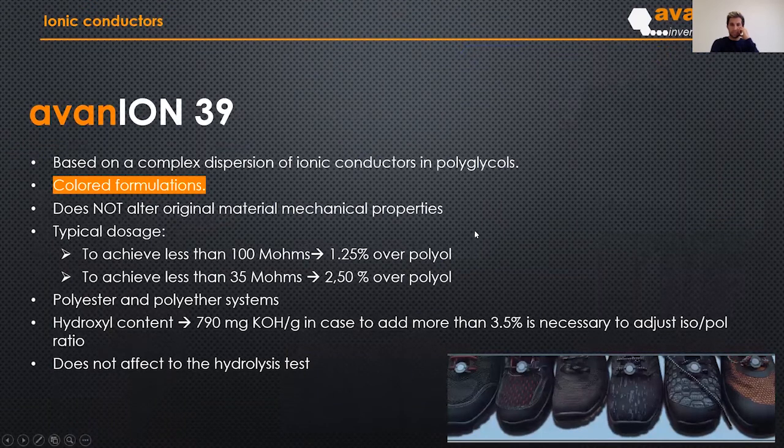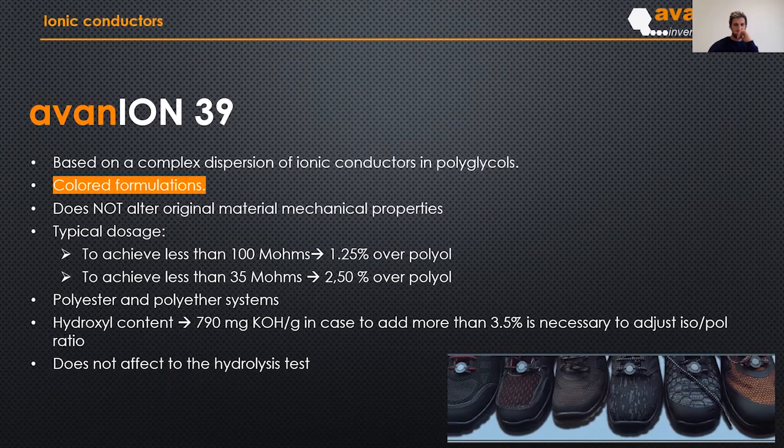One of the most used thermosets using ionic conductors is PU. The PU is the reaction between polyol and isocyanate. It is a material that is very used, for example, in safety shoes.